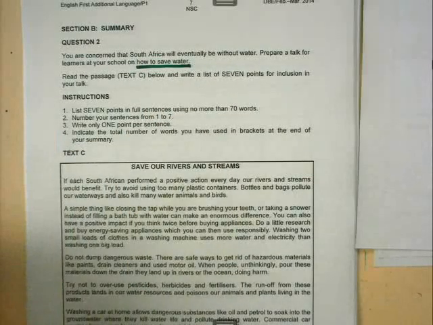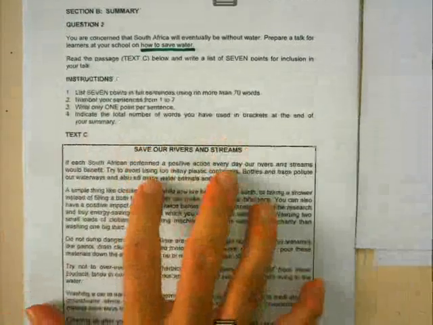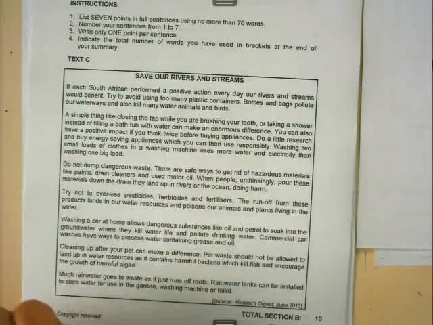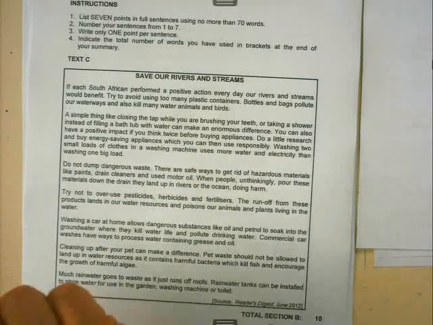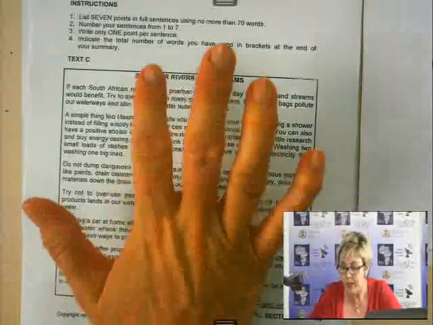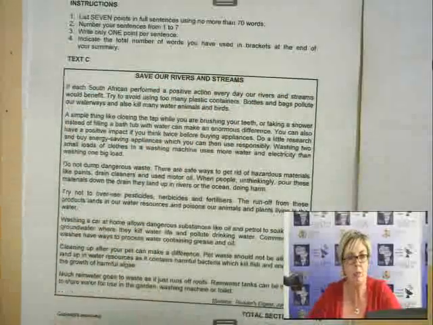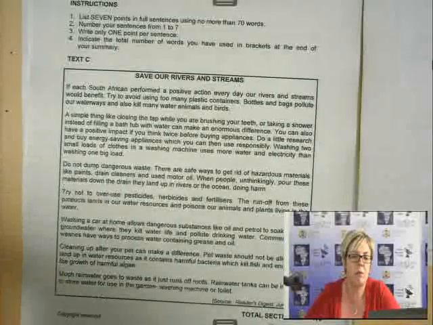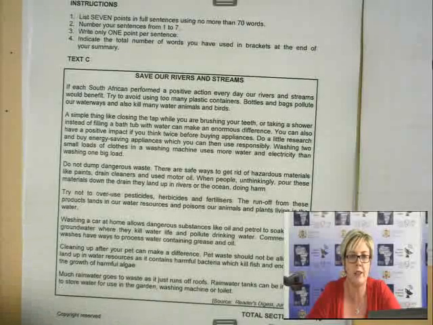Now, when you answer the summary, before you can identify any fact, you need to know what is written in this passage. So my advice to you is, first read the passage. Put down your pen, put down your pencil, just read the passage to get an idea what information it contains.